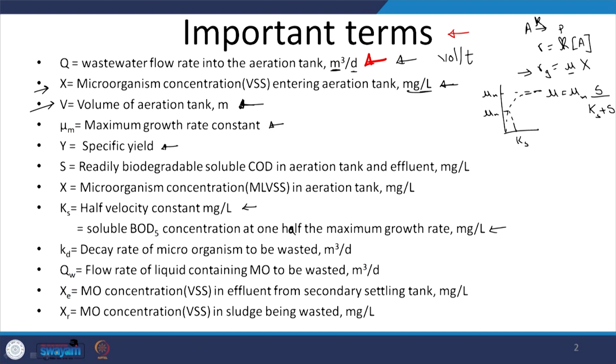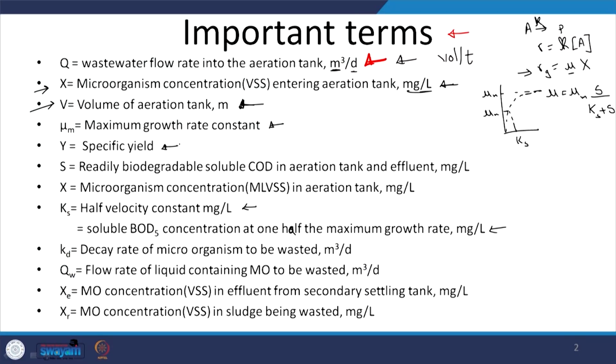Then the specific yield, Y. We know that the microbes are going to grow, or cell synthesis is going to take place, based upon the transformation of the organics. Not all the organics are going to be oxidized. A considerable fraction of the organics is going to be used by the microbes for production of new cells.